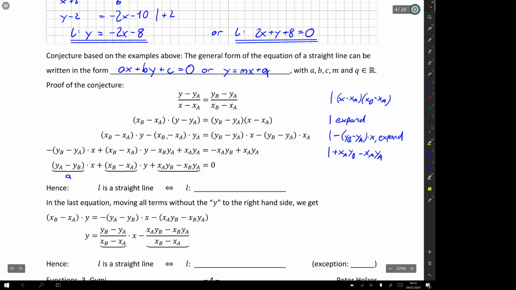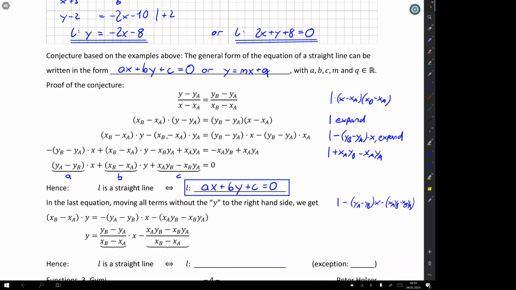So again, 2 numbers given. So this is another number, let's call it B. And we have the same situation here. Again, xa, yb, xb, ya are all just numbers. So in the end, we get another number, C. So what we found is that if L is a straight line, we get an equation of the structure A times x plus B times y plus C equals 0.